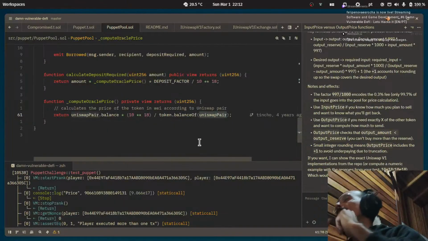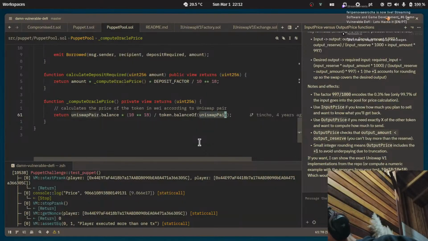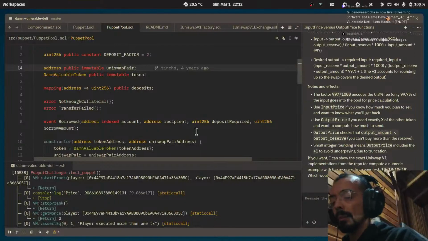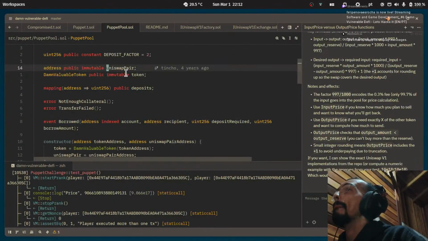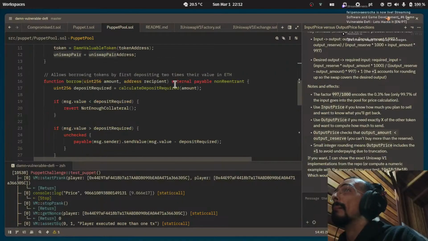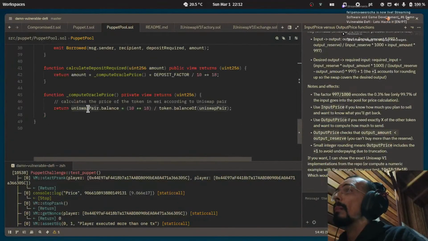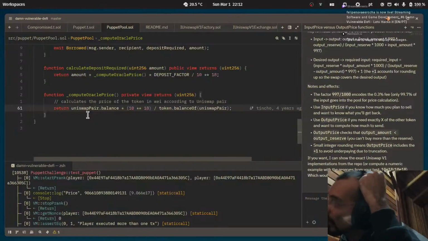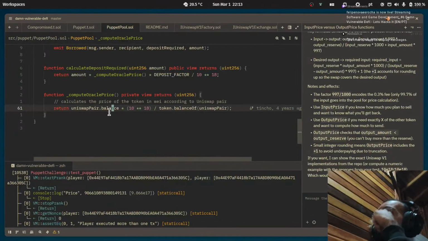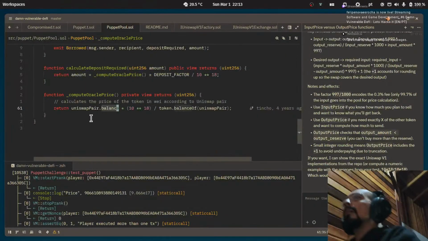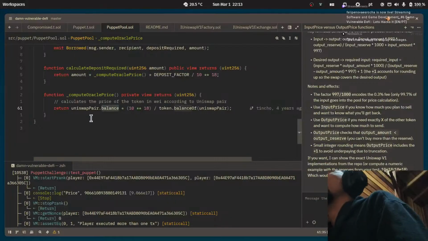A Uniswap pair is the exchange, right? Okay, so balance, it's the Ethereum reserve. The token balance, it's the DVT token.